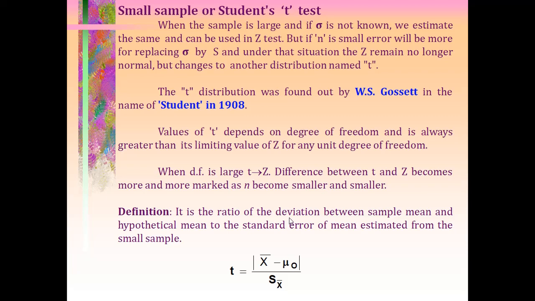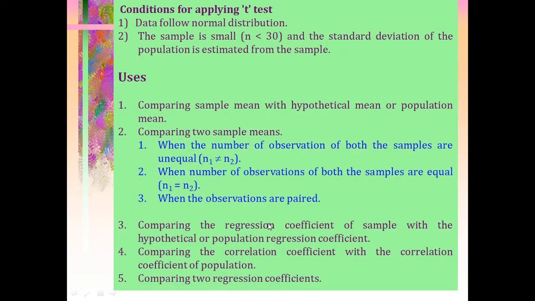And as I told, the small sample means the sample size, that is the small n, is less than 30. So here we take the ratio between sample mean and the hypothetical mean to its standard error. Now before we go for the t-test, like the z-test, certain conditions are to be satisfied.